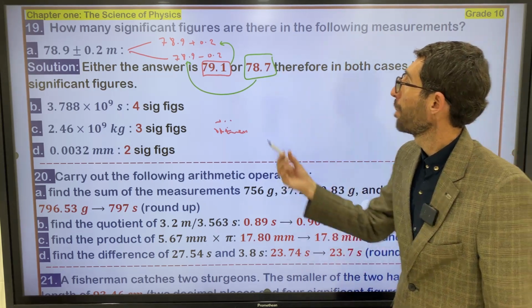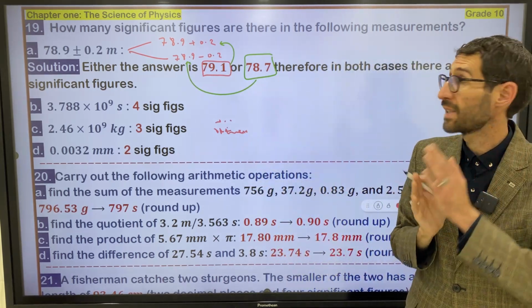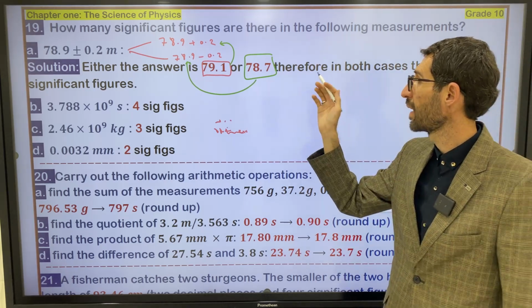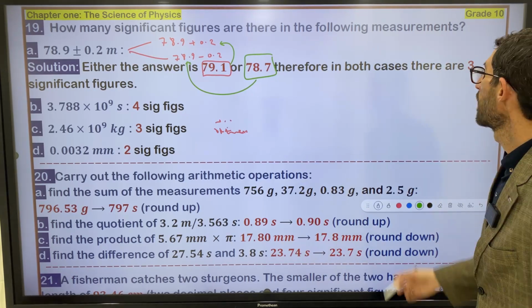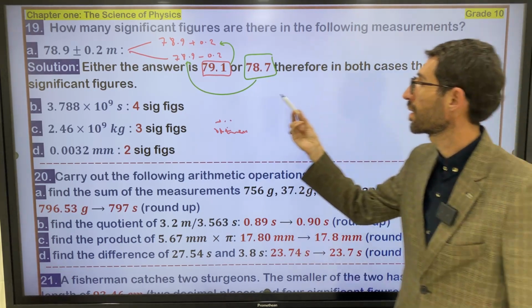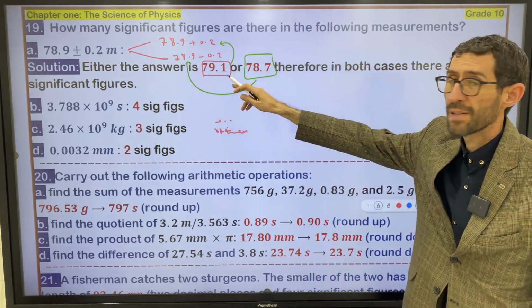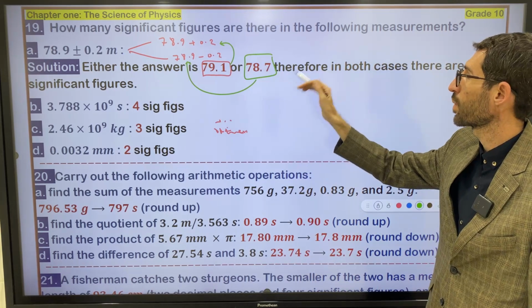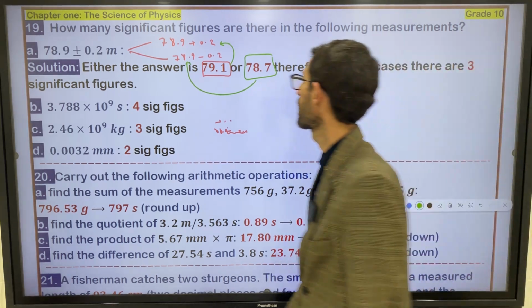Both of these answers contain three significant figures. So either the answer is 79.1 or 78.7. Therefore, in both cases, there are three sig figs, right?